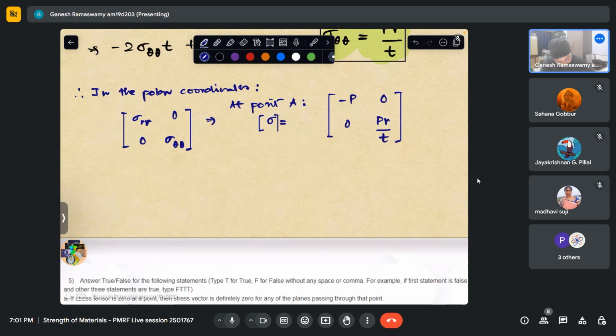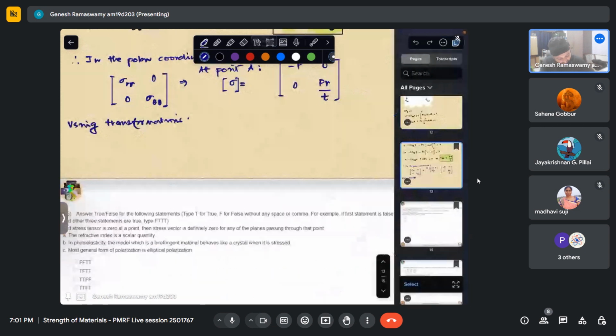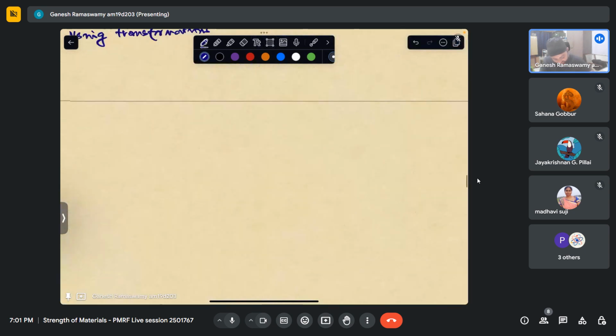Now using transformations, I know that at point A, basically let me take that figure again.